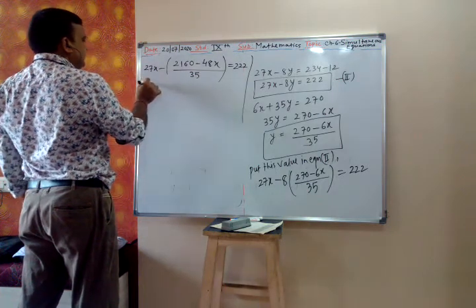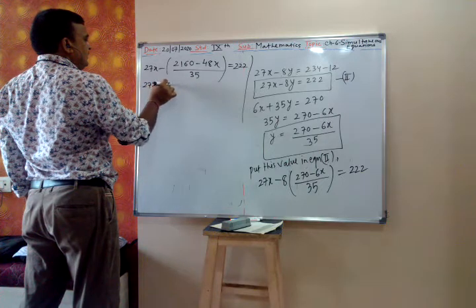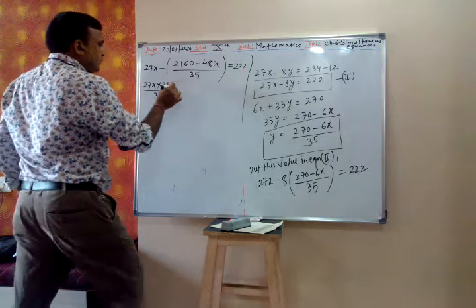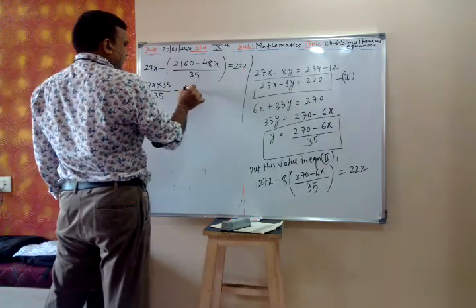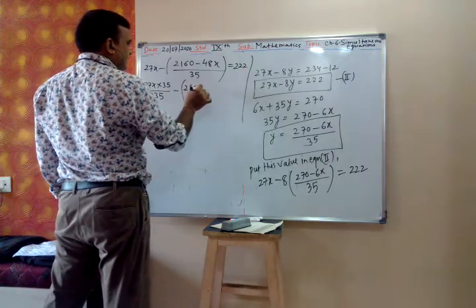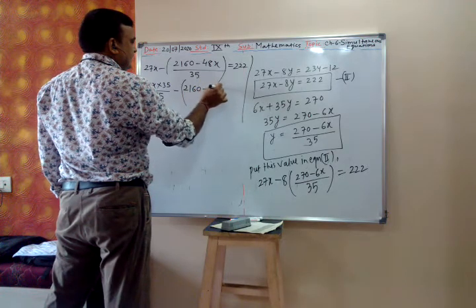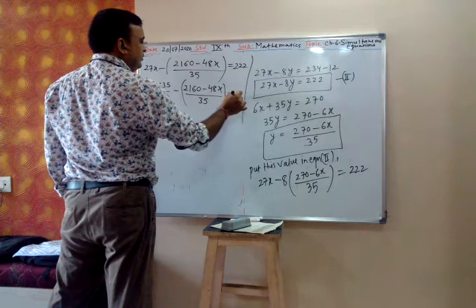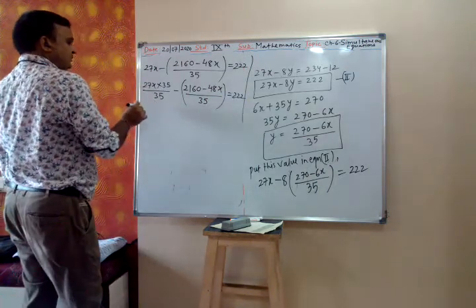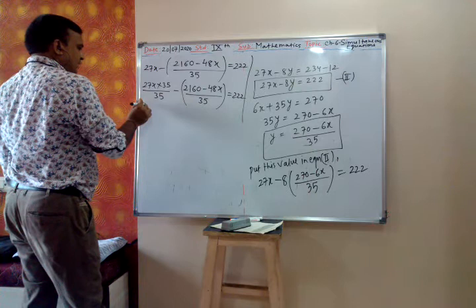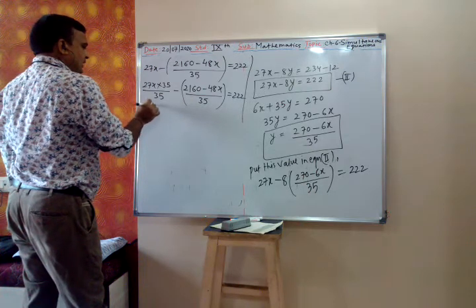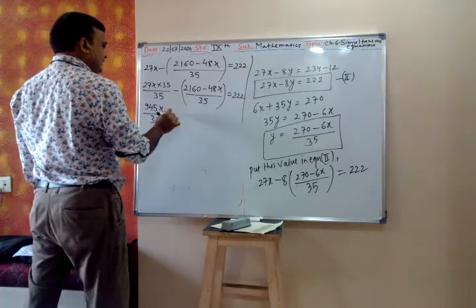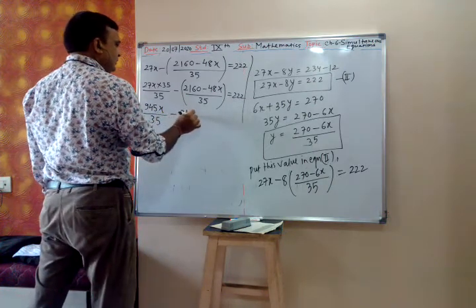So 27x into 35, multiply first, upon 35, minus 2160 minus 48x upon 35 is equal to 222. How much? 945. So 945x upon 35 minus 2160.